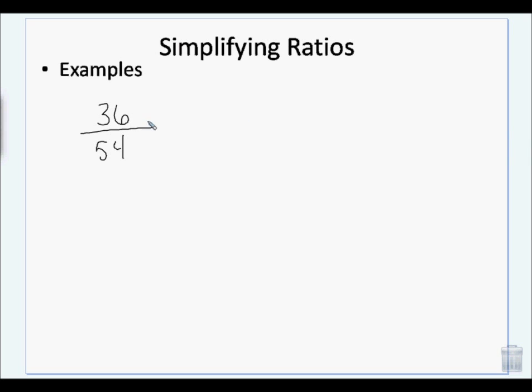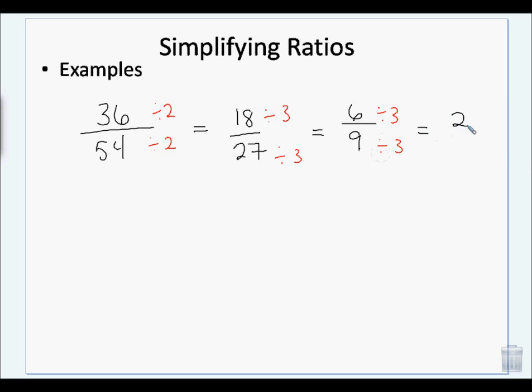So I could divide by 2, which would give me 18 over 27, and these will both divide by 3. I could have divided by 9. If I divide by 3, I get 6 over 9, and then if I divide by 3 again, I end up with 2/3. And this is completely simplified.